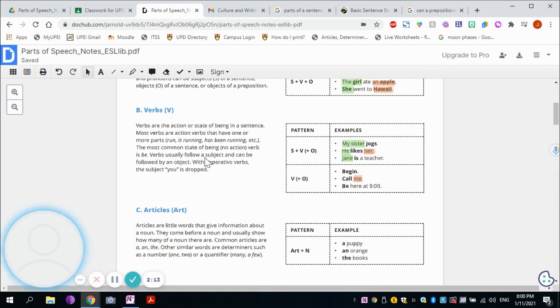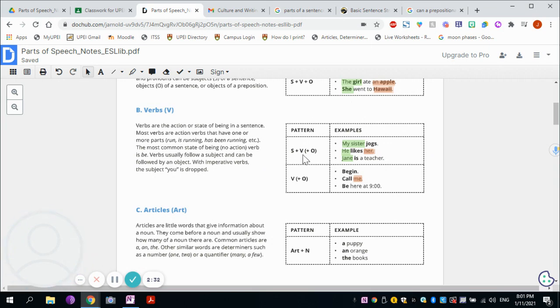Verbs usually follow a subject and can be followed by an object. With imperative verbs, the subject you is dropped. You don't see it. So if we look at our examples again, we can see a pattern.